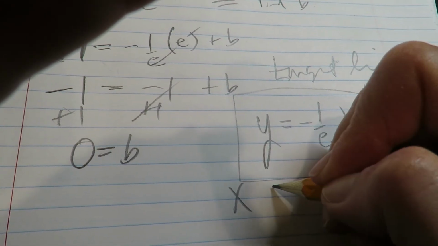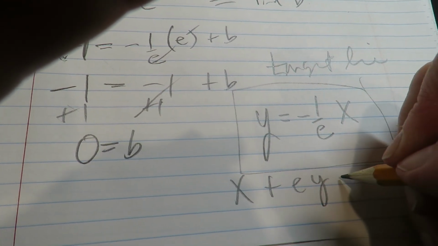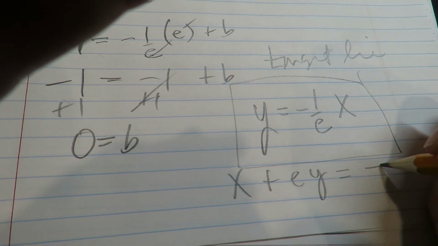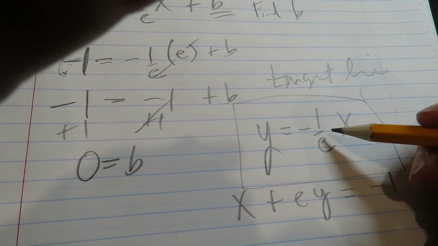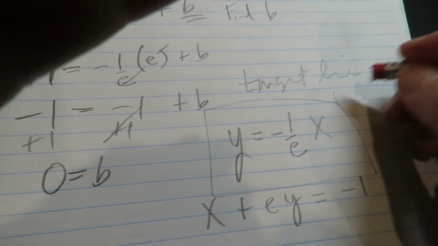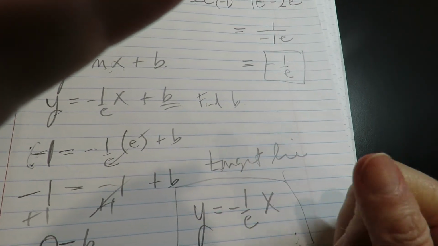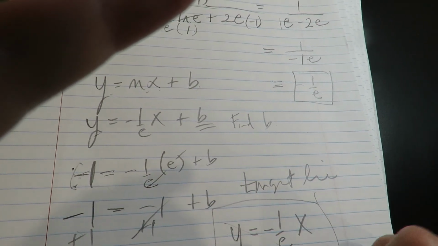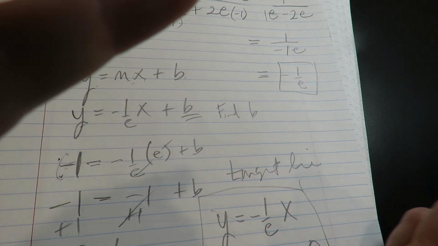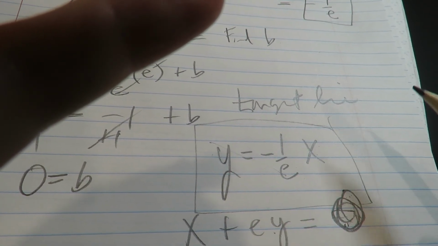That would be x plus ey equals negative 1. Hold on. It wouldn't be negative 1. It would be 0. Alright, we multiplied this up. We brought this over. It would be 0. Yep. Okay, so another way to write it is x plus ey equals 0, or write it like this. Alright, that's the tangent line.